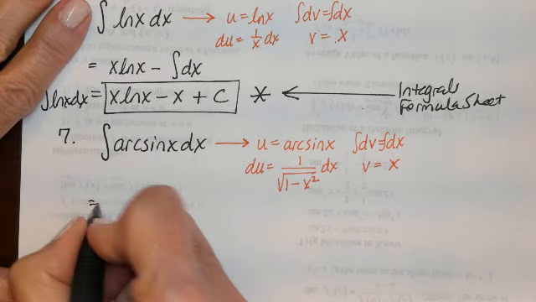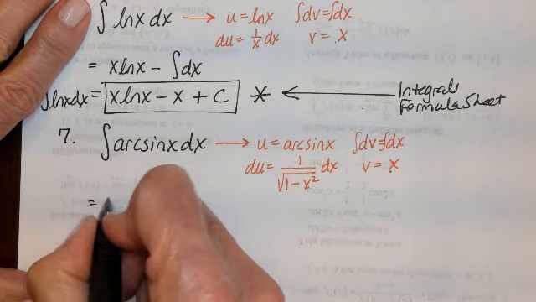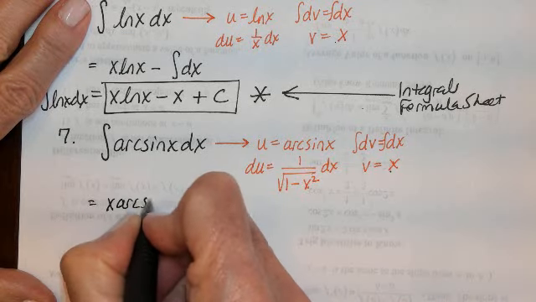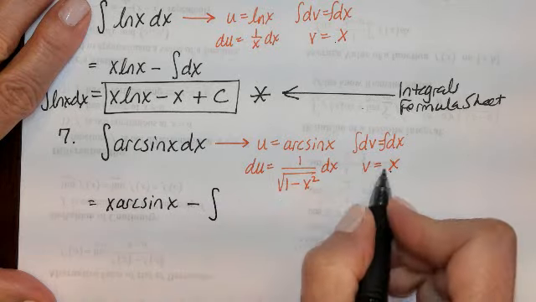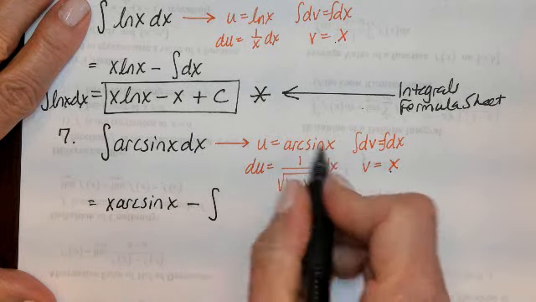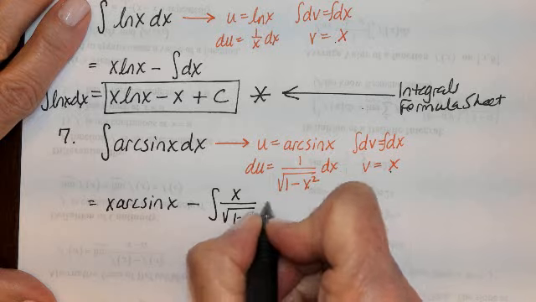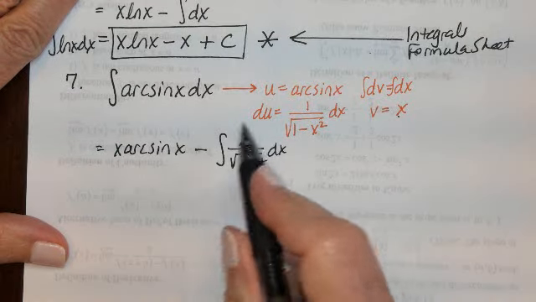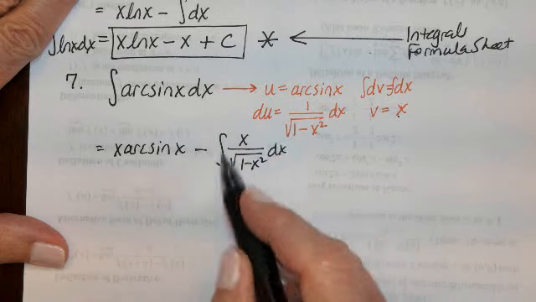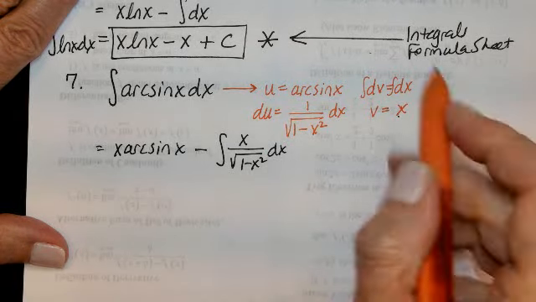So now we have uv, so x arc sine x minus the integral of v du. Do we know how to find that antiderivative? We do. By doing a plain u sub.